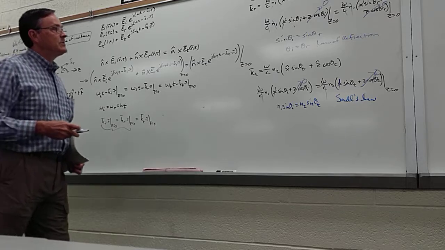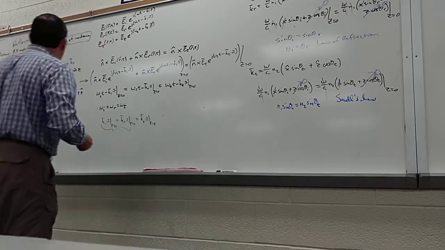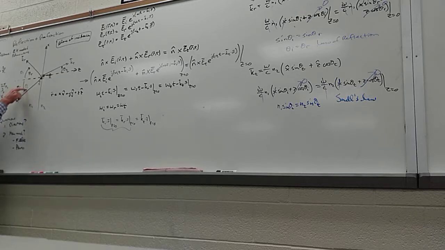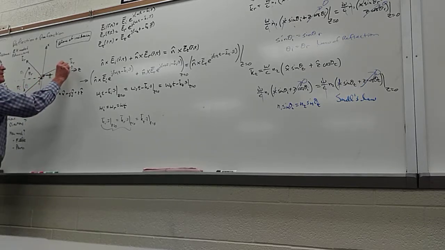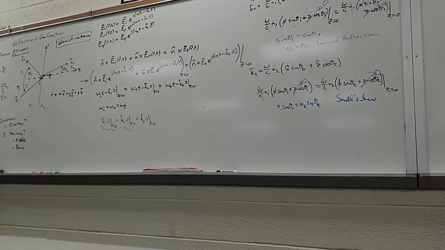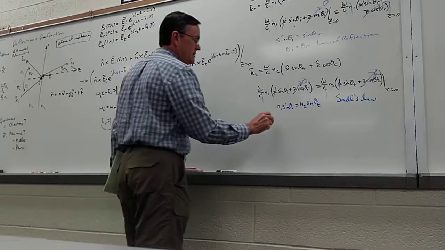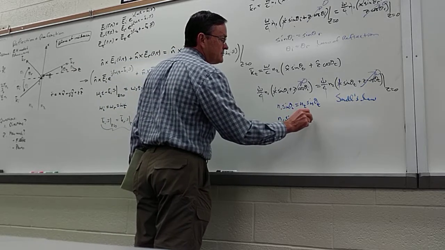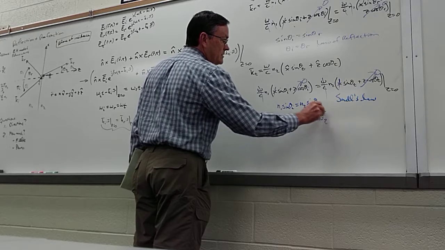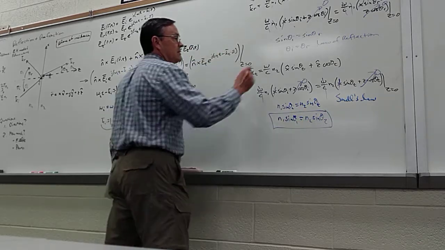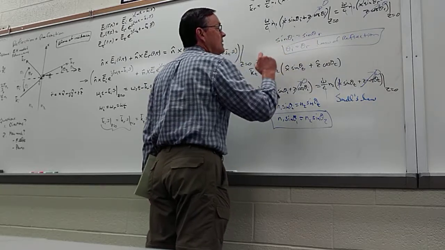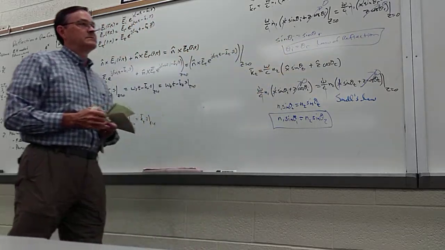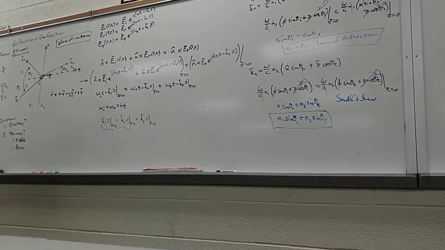And let's do another change of notation. We already said theta I, we're going to call theta 1. Theta t, let's call it theta 2, the angle in material 2. So I can rewrite this then as n1 sine theta 1 is equal to n2 sine theta 2. So that's our Snell's law. Here's our law of reflection, which just means we've got theta 1 for the incident and reflected angles.